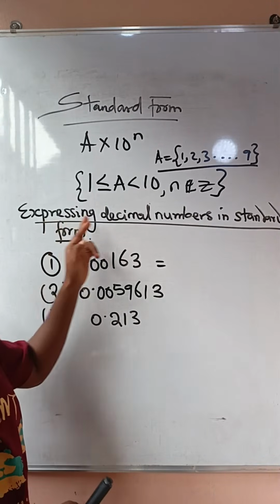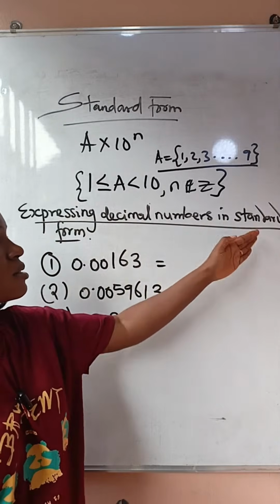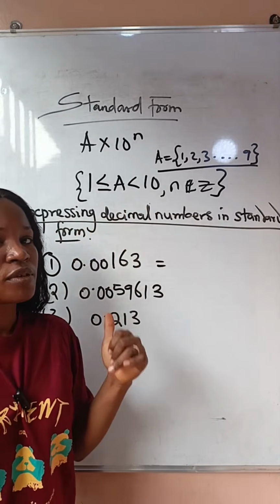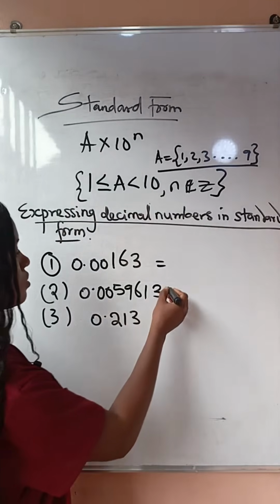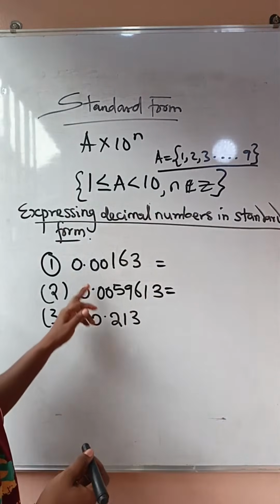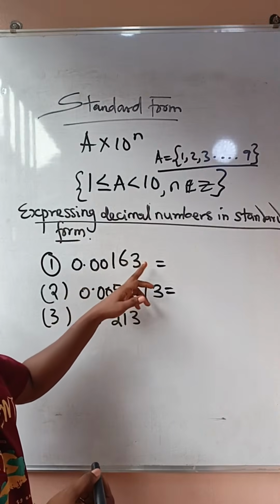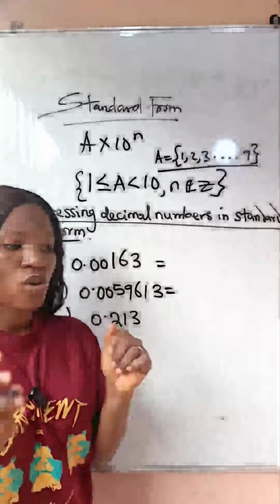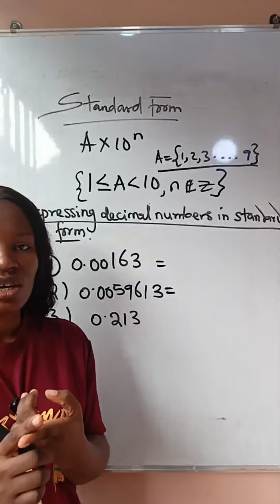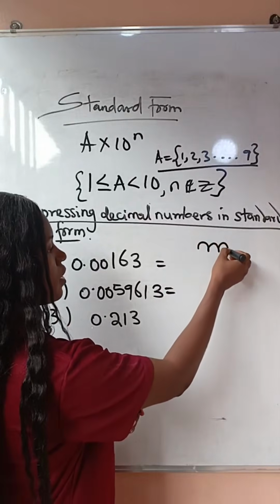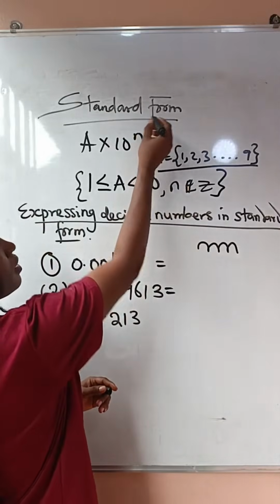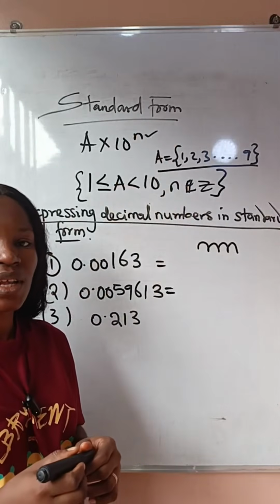So we have done expressing whole numbers in standard form in the previous video. So this is another video. All right. So now we have 0.00163. Okay. So if you want to change a number to standard form, if you move your decimal point to the right, your n is going to be negative.